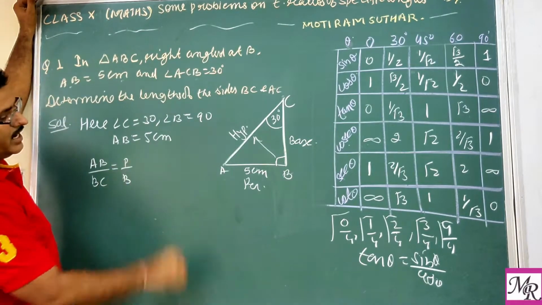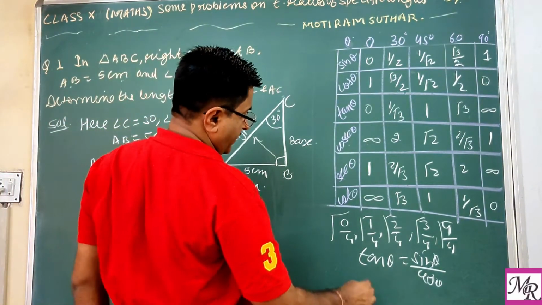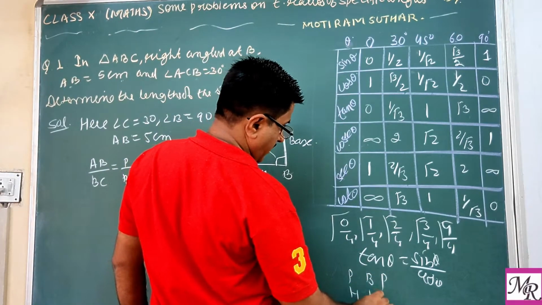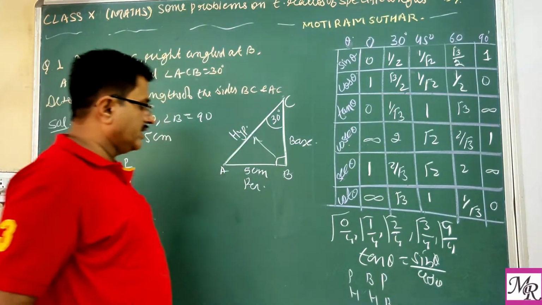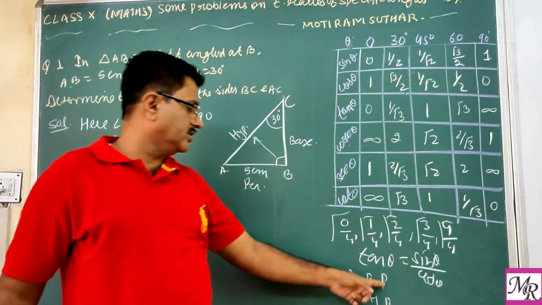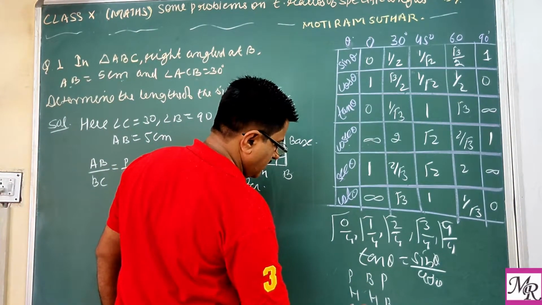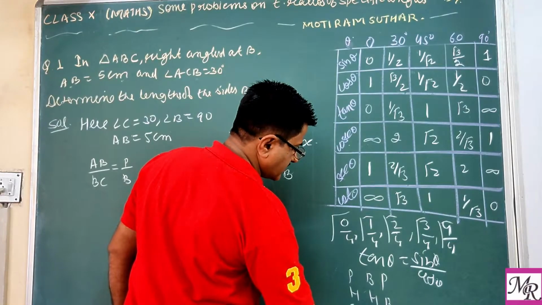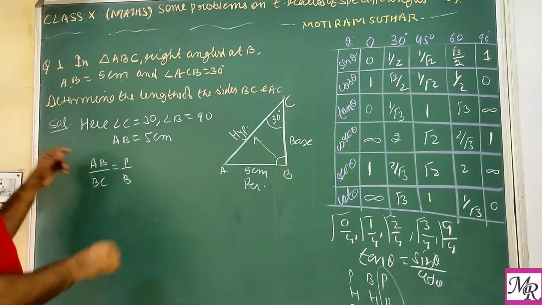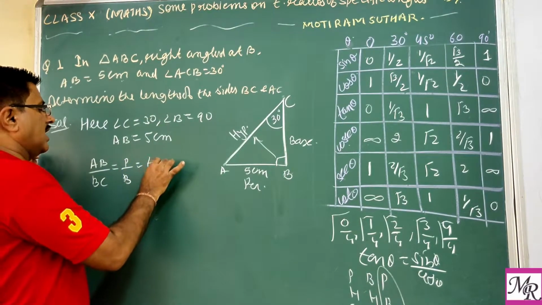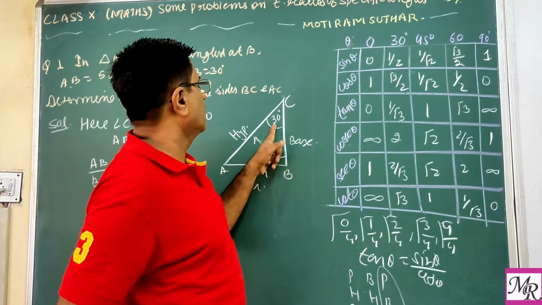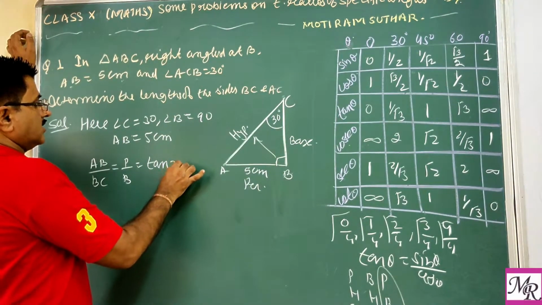Now again you can see the trigonometric ratios. P upon B, that is, sine is P upon H, cos is B upon H and this is tan. So what we get? Tan. So this is equal to tan of theta. Now what is the value of theta? Theta means the measurement of the given angle or considering angle. So tan 30.